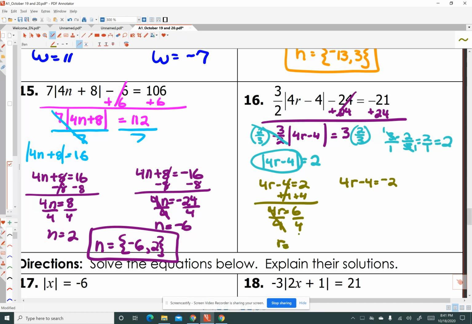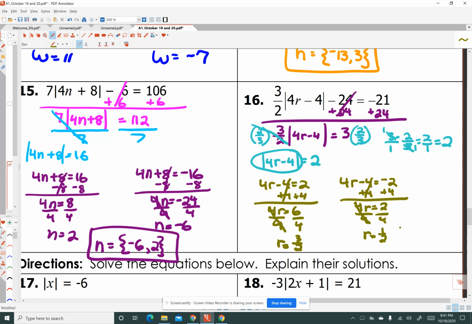R equals 6/4, which we can reduce to 3 over 2. And I told you in algebra we often leave improper fractions. On the other side equation, we will again add 4 to both sides. 4r equals 2. Divide both sides by 4, and r equals 2/4, which simplifies to 1/2.